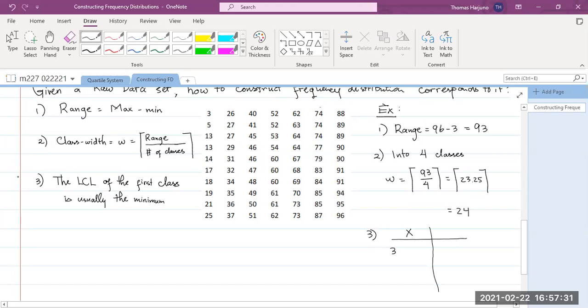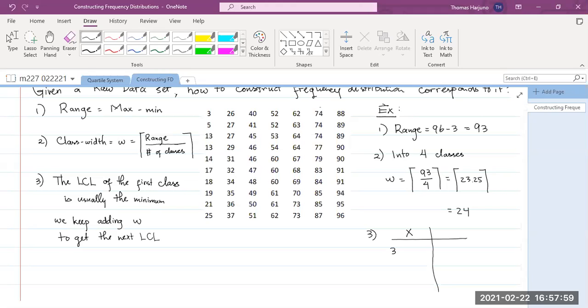Now from there, we keep adding W to get the next lower class limit. The W, the class width, is 24.